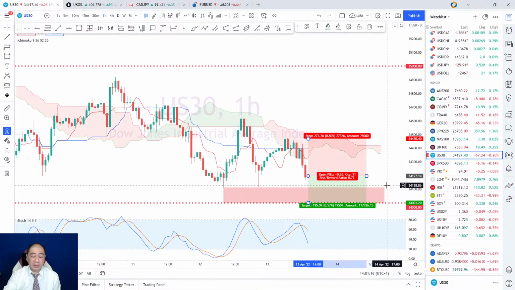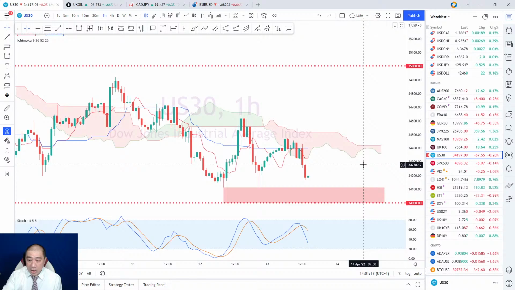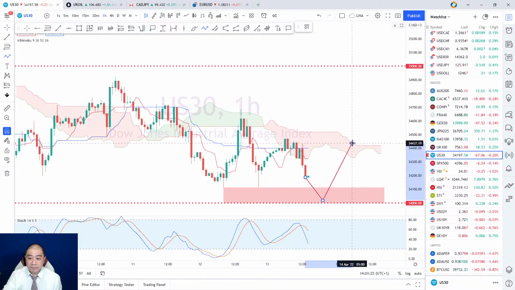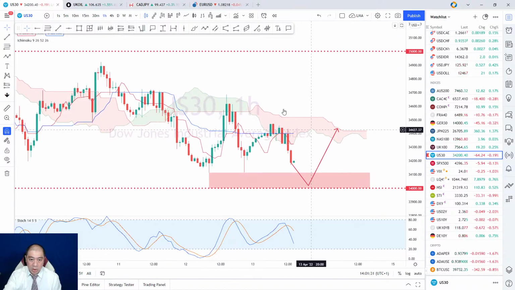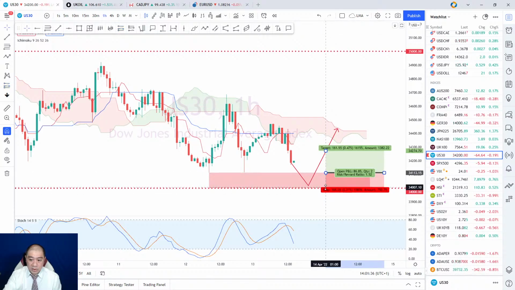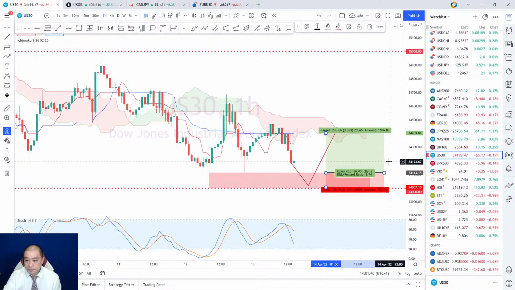Risk reward ratio is not that great. I much prefer a scenario where this one comes and retests 34,100, 34,000, and bounces up. Even if you go for a correction towards 34,400, it's just a much better proposition than going short on US 30. I could be going long on 34,100. It's just going to give me a much better risk reward ratio.